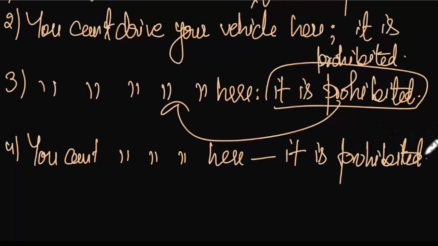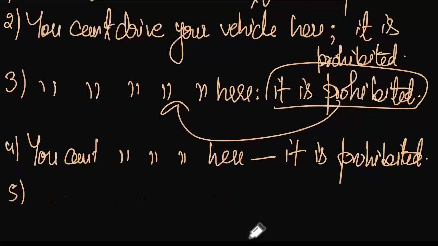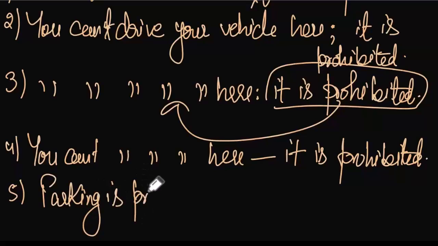You can also use a conjunctive adverb, also known as a sentence adverb. So let's change the example: Parking is prohibited here.